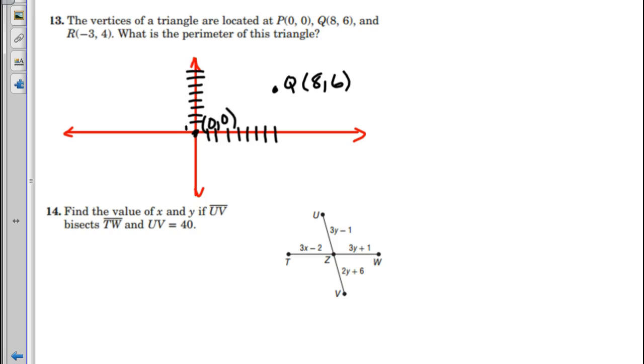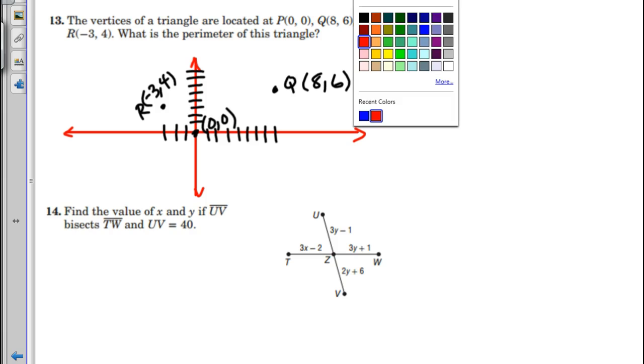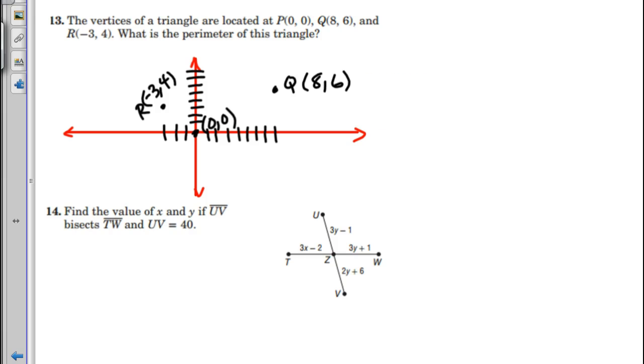And R -3,4. They want the perimeter. If I'm finding the perimeter, then we know that I need to find side lengths. So I need the length of RQ, the length of PQ, and the length of PR.